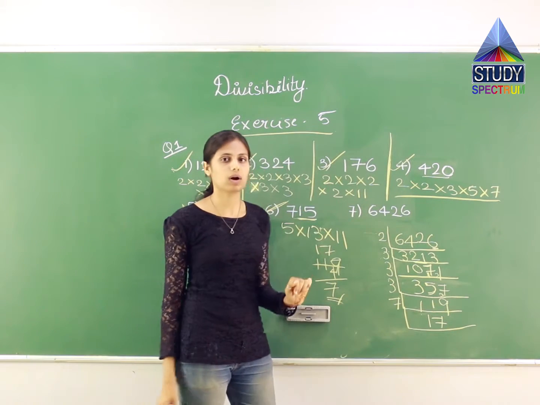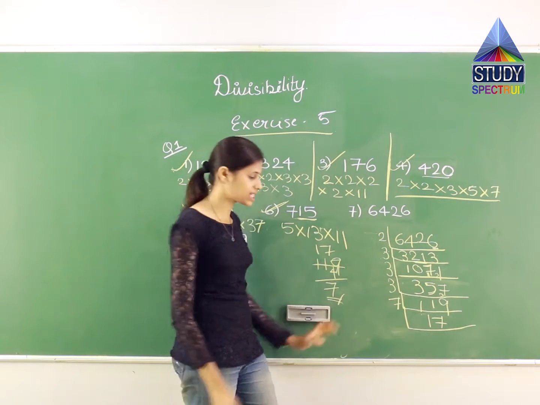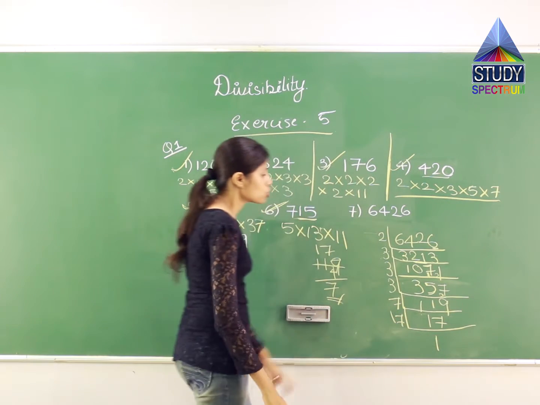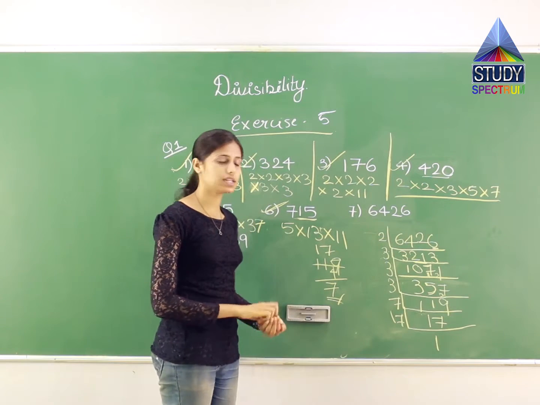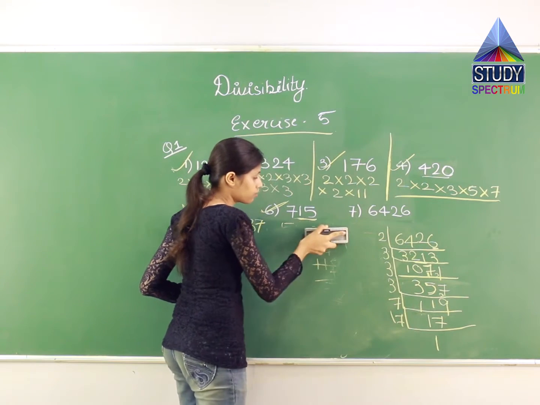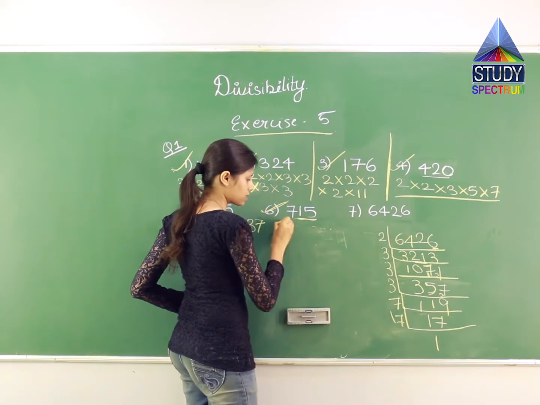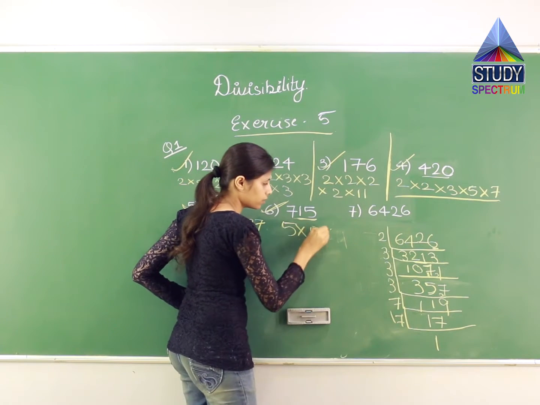17 we all know is a prime number. So उसको खुद के साथ ही divide करना पड़ेगा. So I'll divide it by 17 and I'll get 1. So these are all the possible factors for this number, that is 6426.